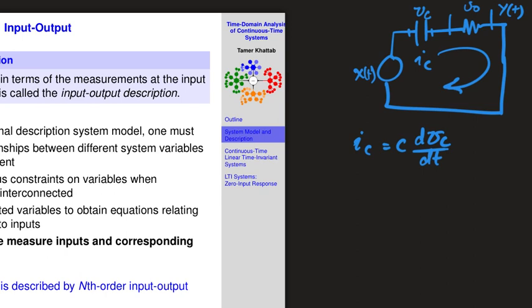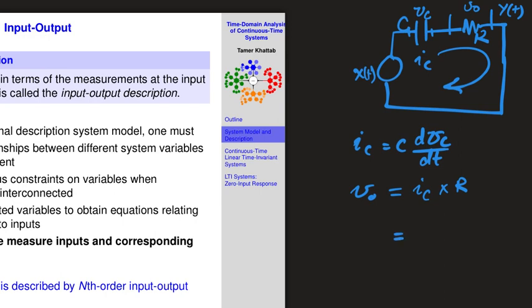Okay, and this allows you to know the current. Now you know that this same current is going through the resistor R. So if this capacitor has a capacitance C and this has a resistance R, then the voltage across it, which is the output voltage that you are looking for, is equal to this IC multiplied by the resistance.